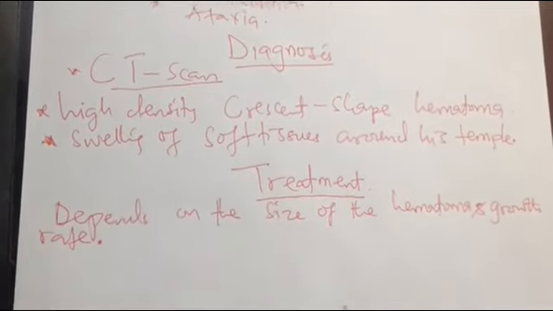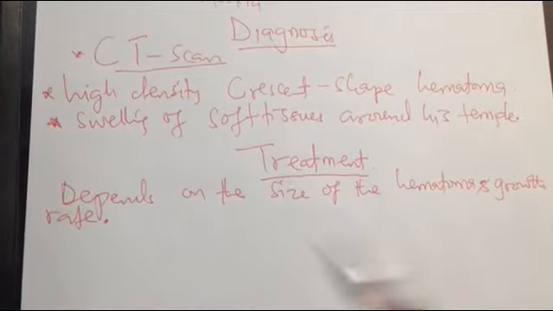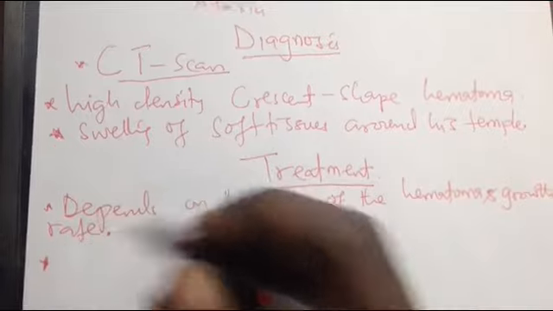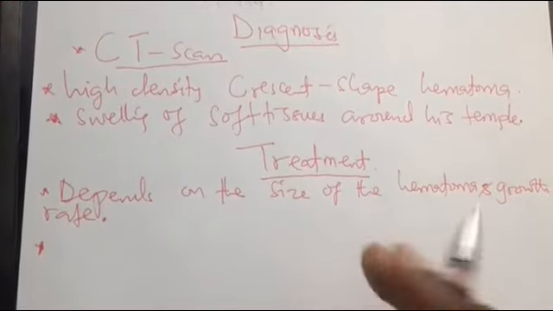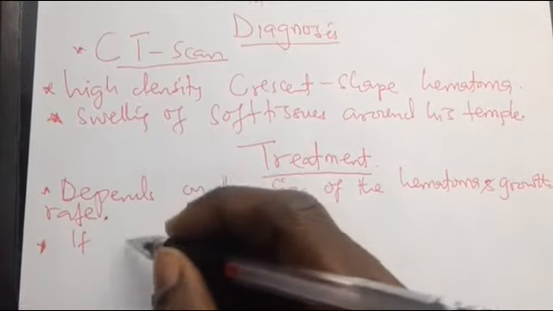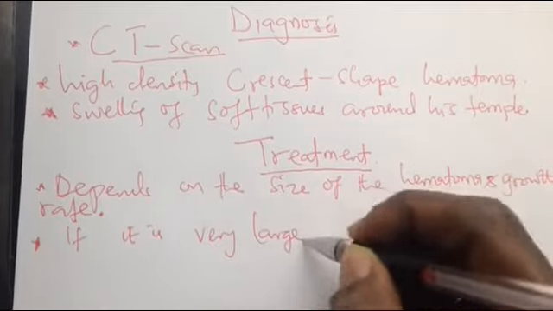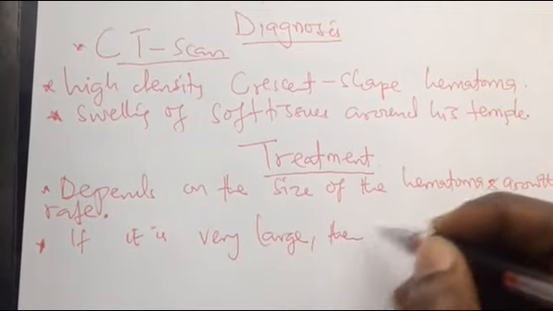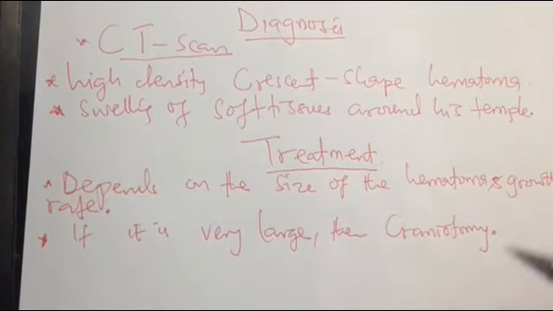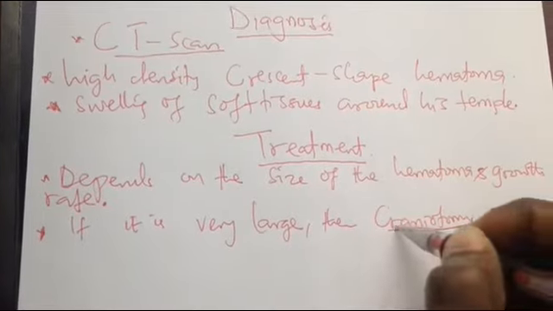Because if the hematoma is expanding very quickly, then the treatment has to be different from if it is growing very slowly, right? So if the blood collection is very large, then craniotomy has to be done. Craniotomy is the most important surgery to be carried out.